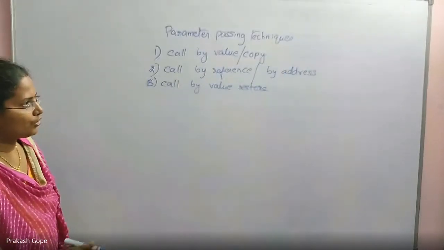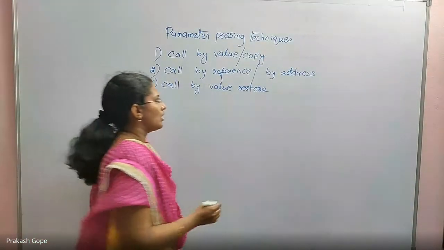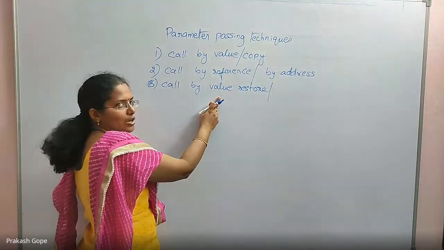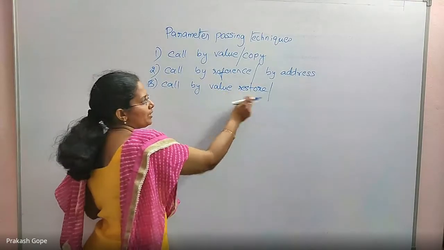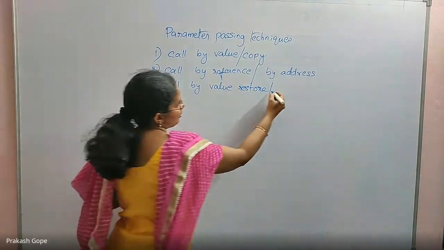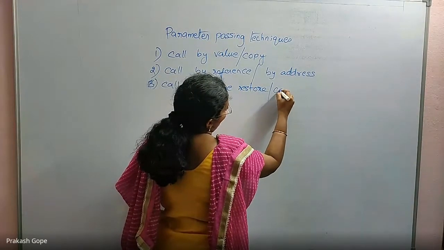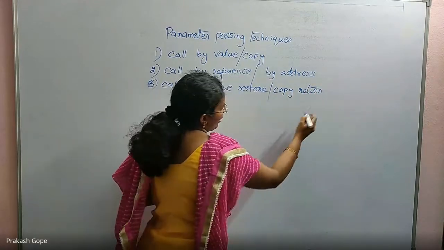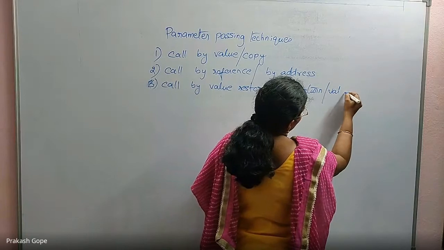Call by value restore. Wherever I use value, you can also call it as copy. Copy restore, value restore, both are same. Copy return, value return, both are same. Value result or copy result, both are same.